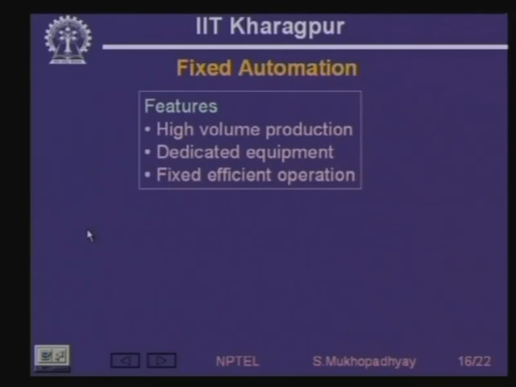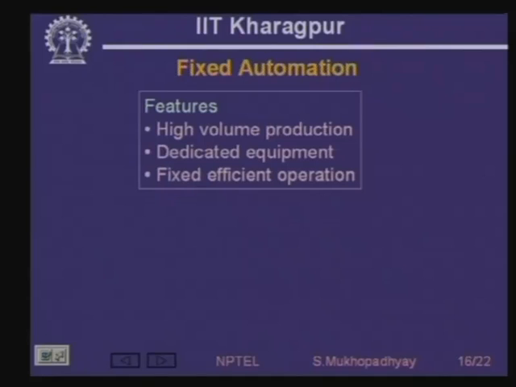The features are that it is generally used for very high volume of production. So, you need to really tune your automation to that particular production. Equipment is very dedicated, products are not likely to change. For example, in the iron and steel industry the product variations still are there because of metallurgical research etc., but it is a much slower process, and generally product lifetimes are much larger.